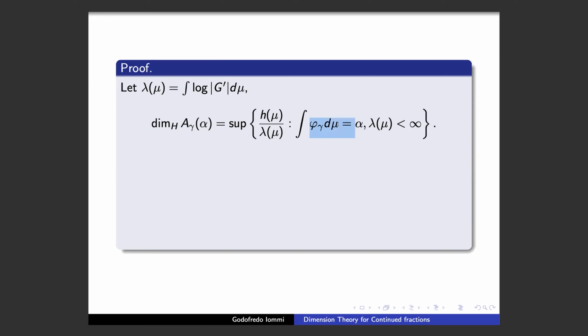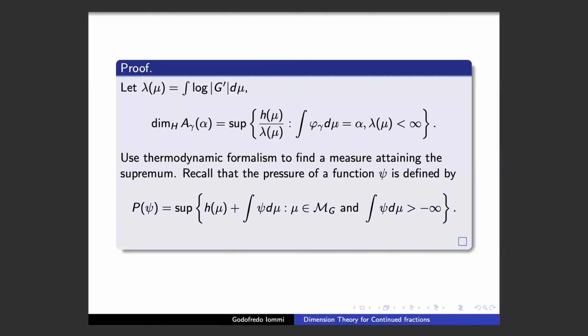So think of ergodic measures, and this will tell you that the measure is supported on the level set, and that quotient that appears there, entropy over the Lyapunov exponent, is the Hausdorff dimension of the measure mu. So again, you're looking at the supremum of the Hausdorff dimension of measures supported on each of the level sets. Once you have this formula, you use thermodynamic formalism to find a measure that actually attains that supremum.